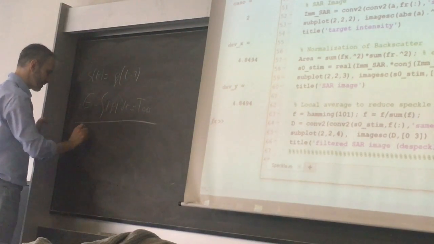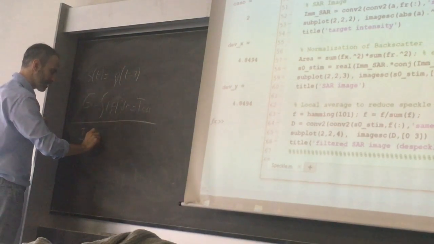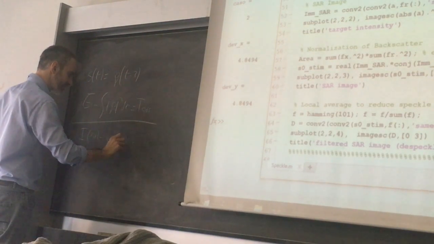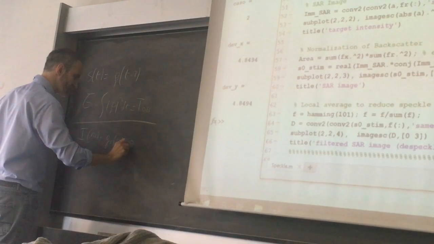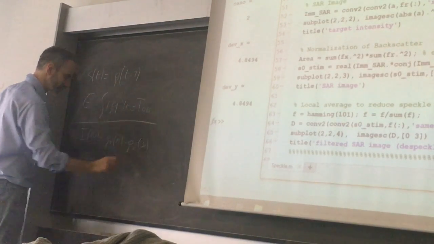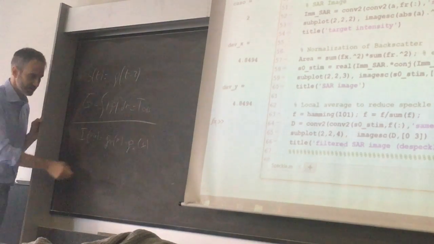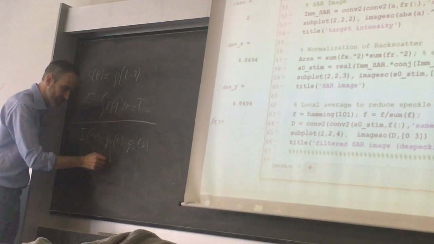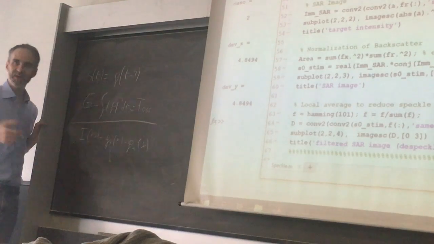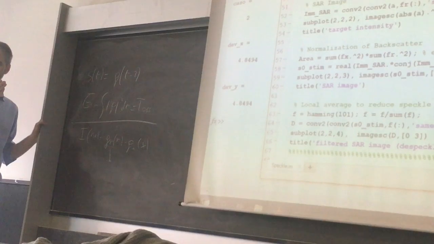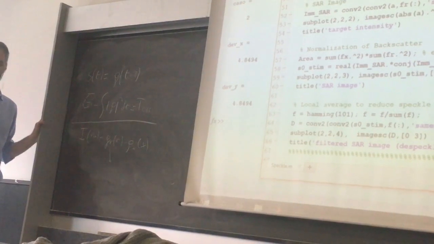So we say that your SAR signal is, let's say, g_R times g_X. So the energy of g_R is the effective length in range of the SAR resolution cell.